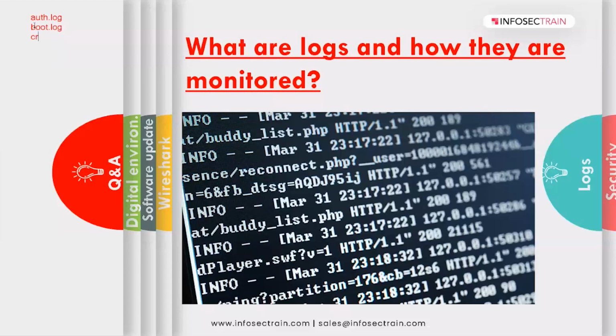Then mail.log, which has the information about the mail server. Then lastlog, which has the information about the user's last login.